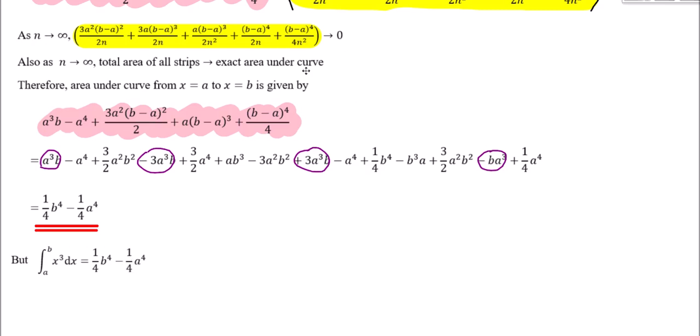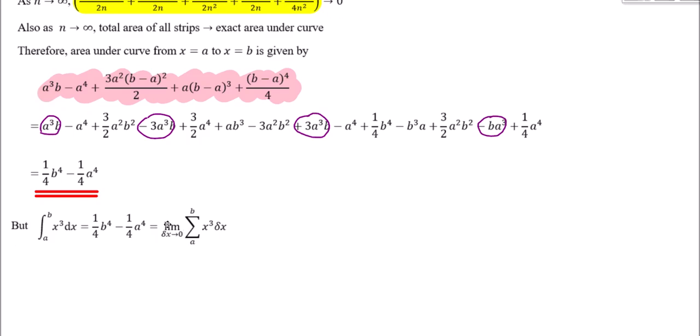But after all of this horrid algebra and summations above, we've realised that by taking ever increasingly thin strips, the area underneath the curve on the x-axis also becomes one and the same. So therefore, 1/4 b to the power 4 minus 1/4 a to the 4 must be one and the same as the limit, as those widths shrink down to being 0, of all the strips in between a and b added together with width dx and height x cubed.